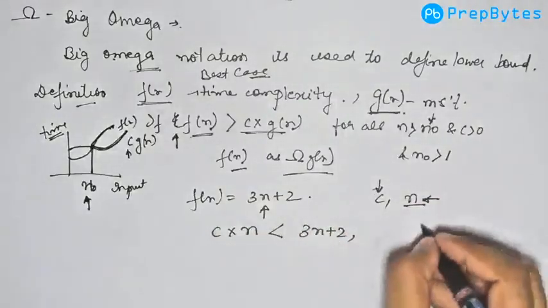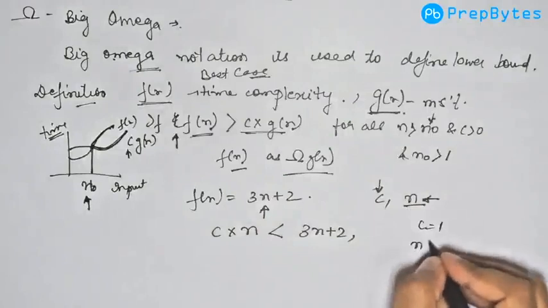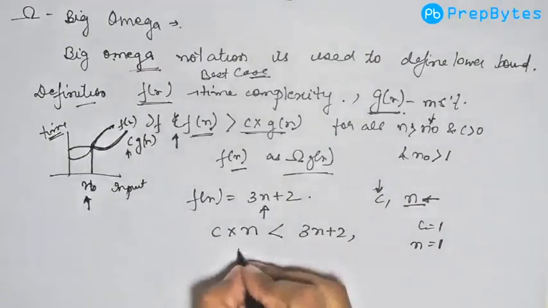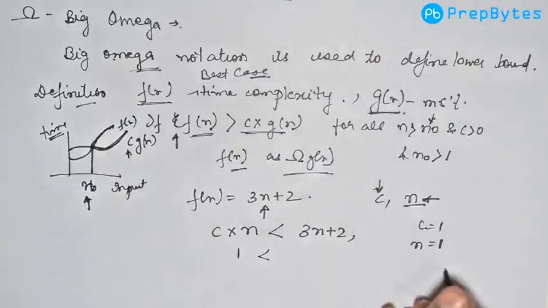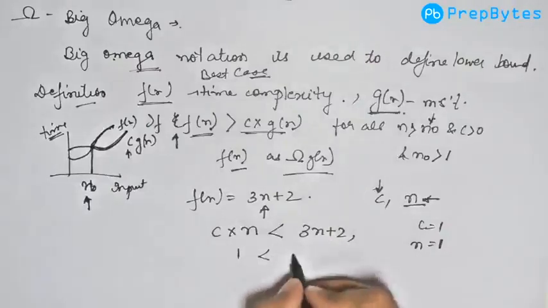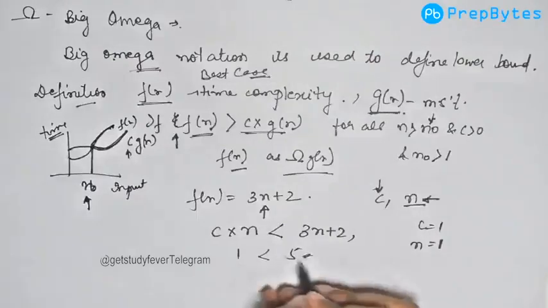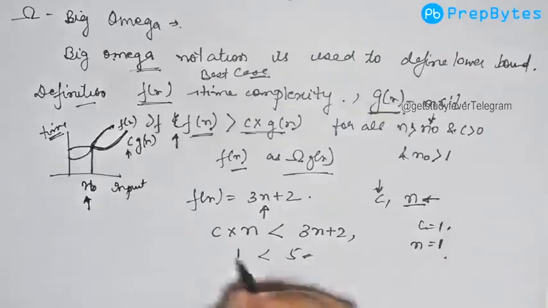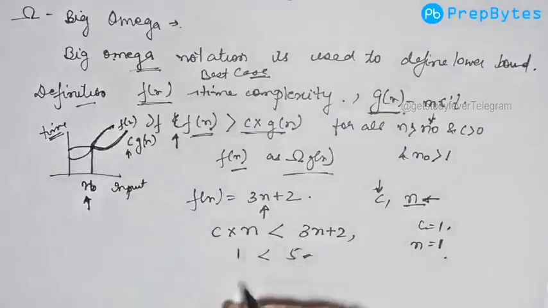So when we put C equal to 1, and let's try to put N equal to 1. So we have 1 here and we have 5 here. So we see that this holds true for N equal to 1 and C equal to 1. Let's try to put N equal to 2 and let C remain as it is.